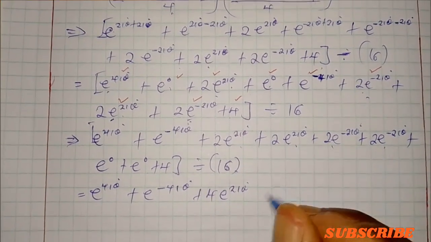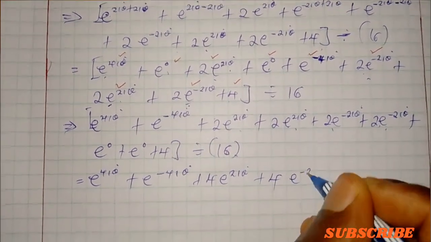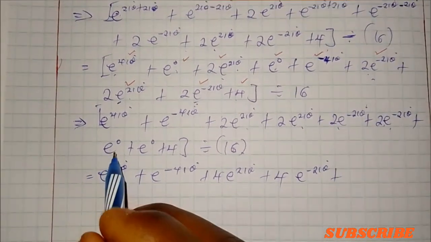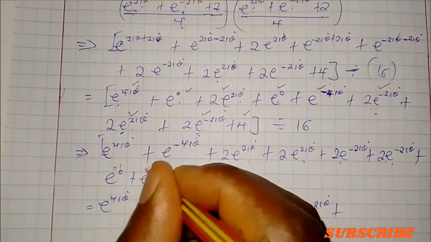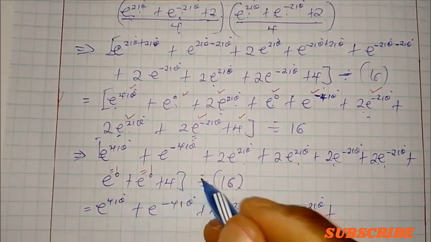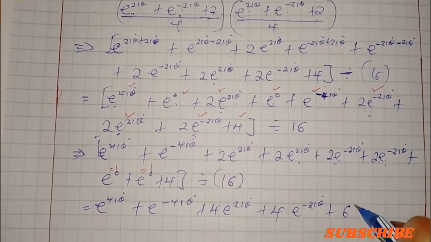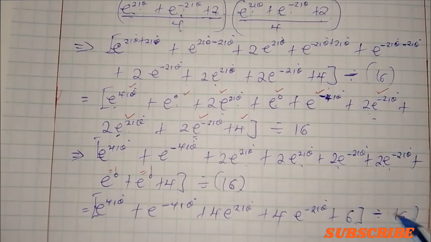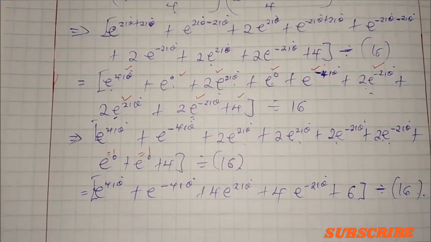Then this and this also become 4e raised to power negative 2i theta. Plus e raised to power 0 is 1, this equals 1, this equals 1. So 1 plus 1 plus 4 becomes 6. The whole of this we divide by 16.